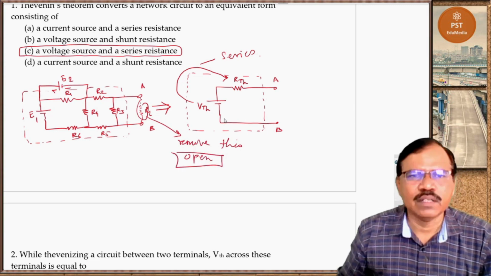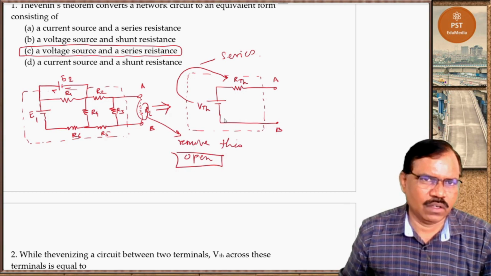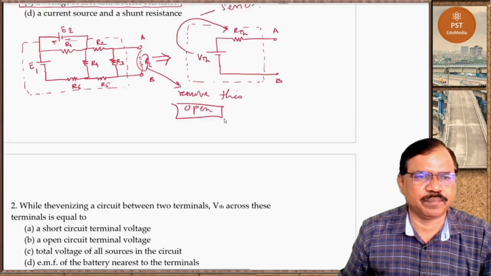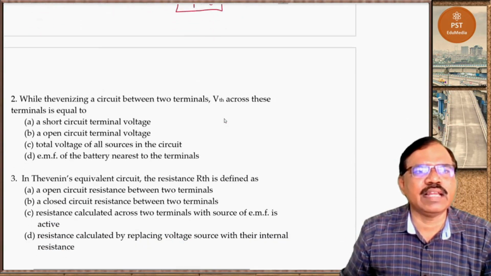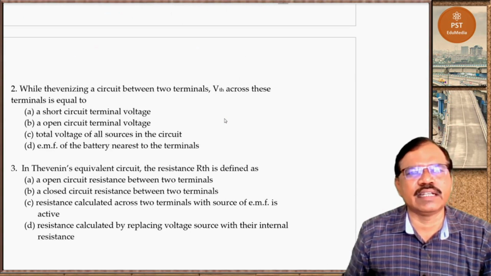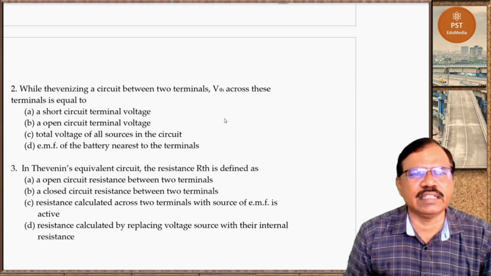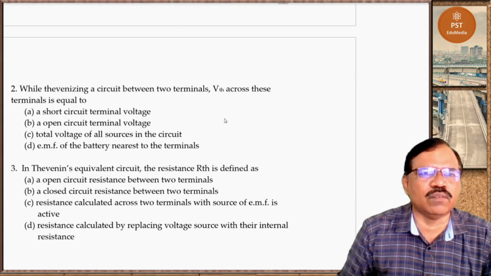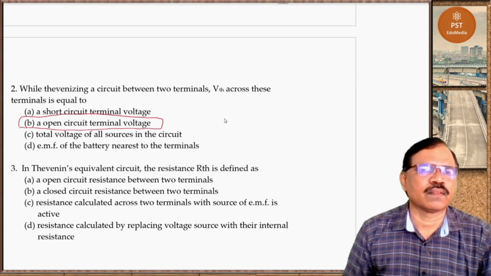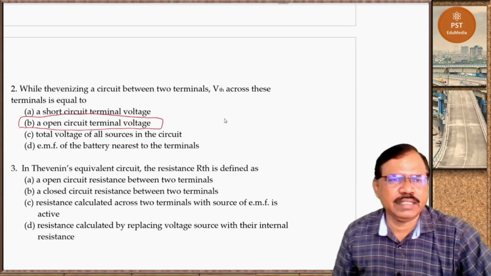And then we find open circuit voltage across the terminals A and B. So while Thevenizing a circuit between two terminals, VTH across these terminals is equal to a open circuit terminal voltage.